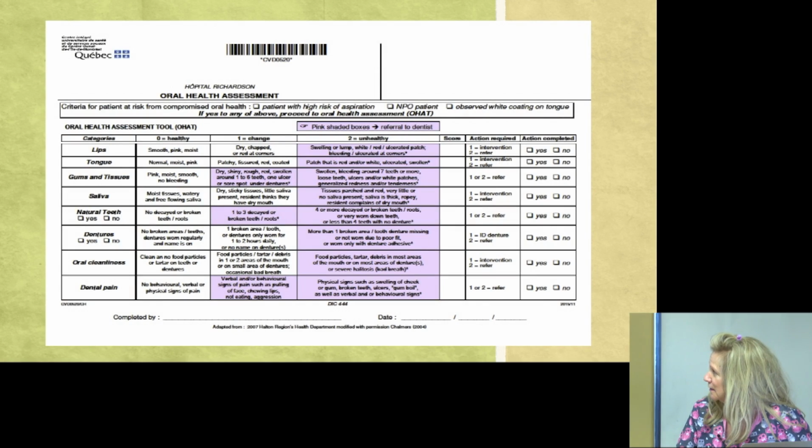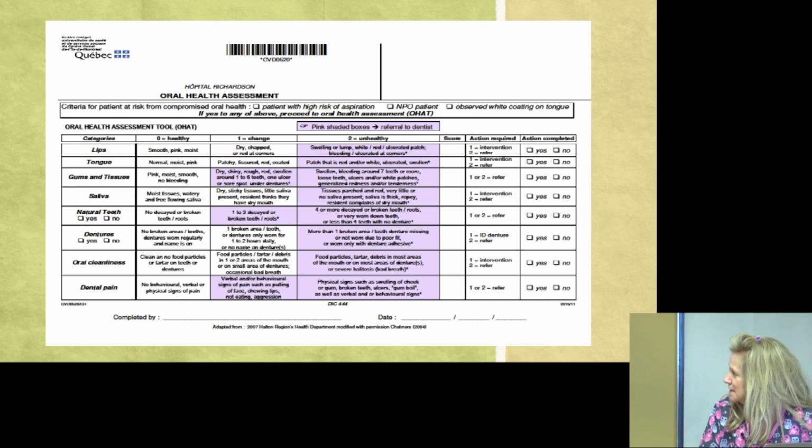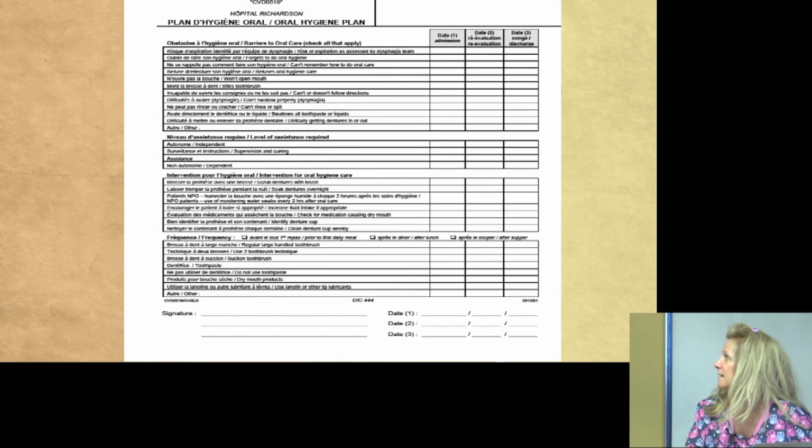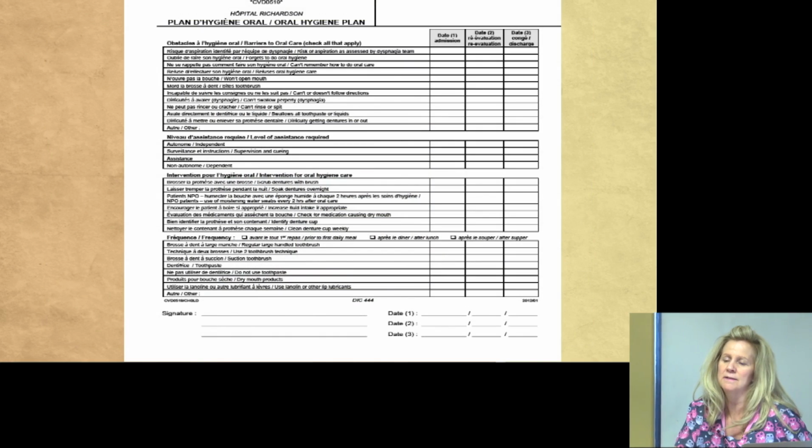That is the oral health assessment that the RNs do on admission. They have to check the lips and the tongue and make their assessment, so they take care of all that for us. And then here's the oral hygiene plan, which is given to the PABs after the RNs have completed the assessments with the patients.